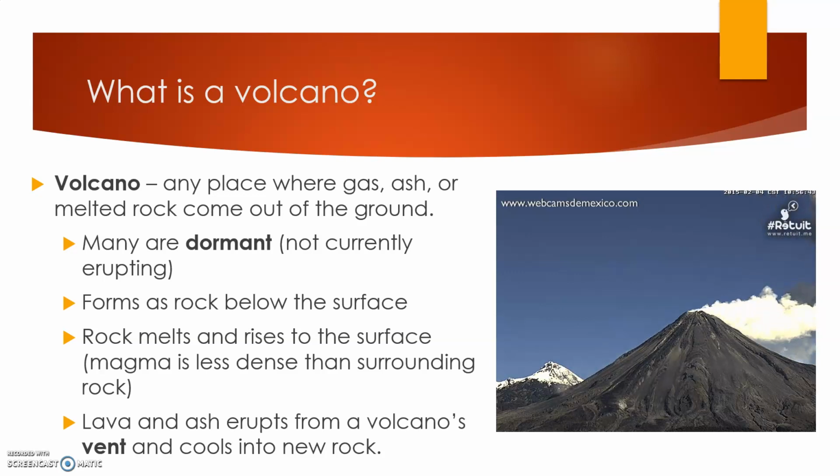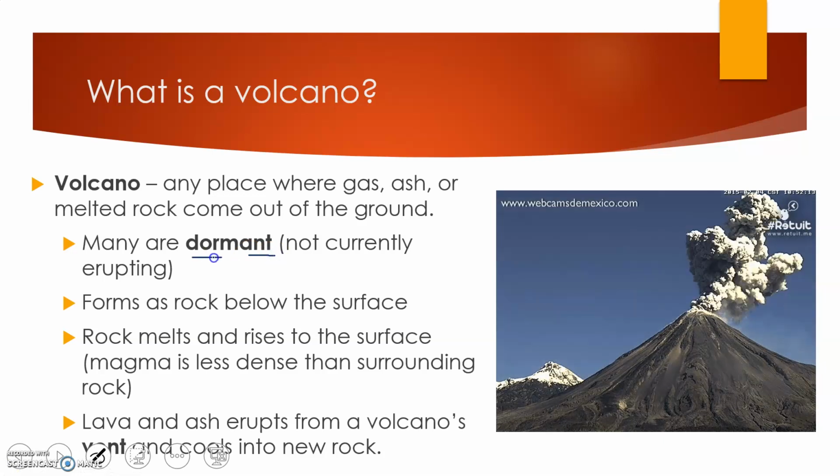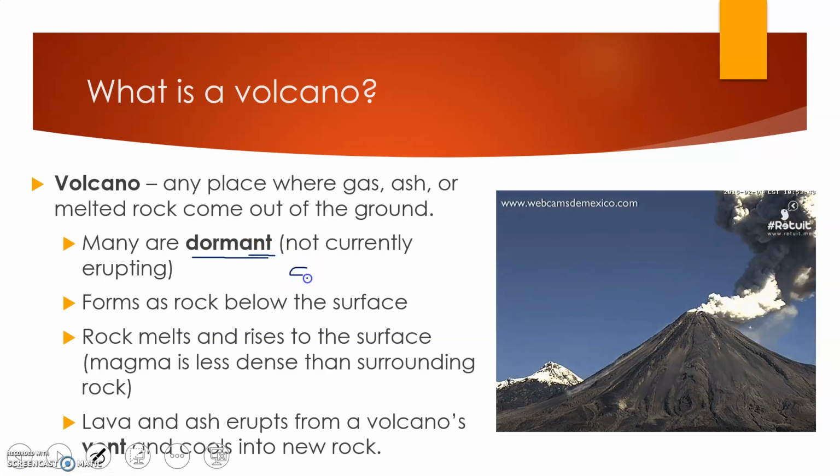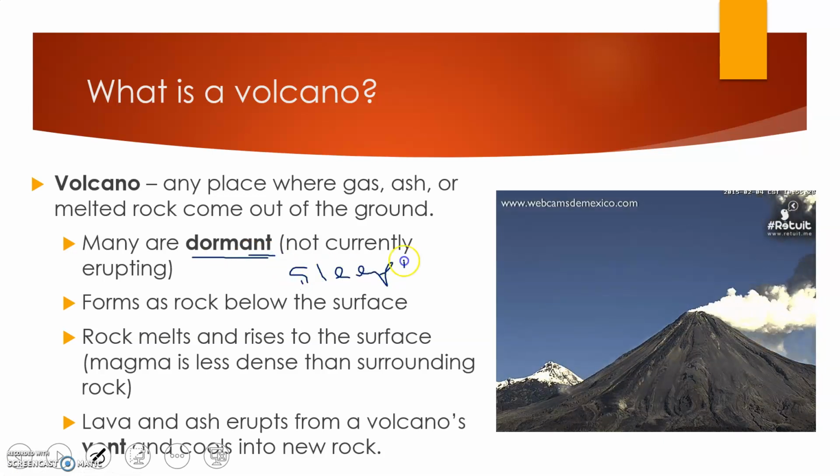Many volcanoes are dormant or not currently erupting, and often form as rock below the surface. So dormant is something we want to know about, and that basically means sleeping, okay? So it's going to form as rock below the surface that basically melts and rises to the surface because it's magma.